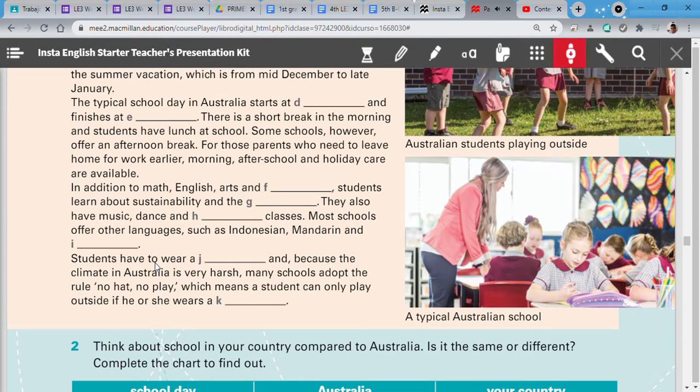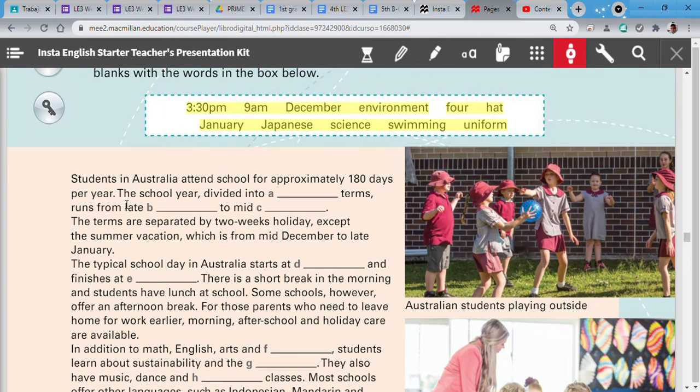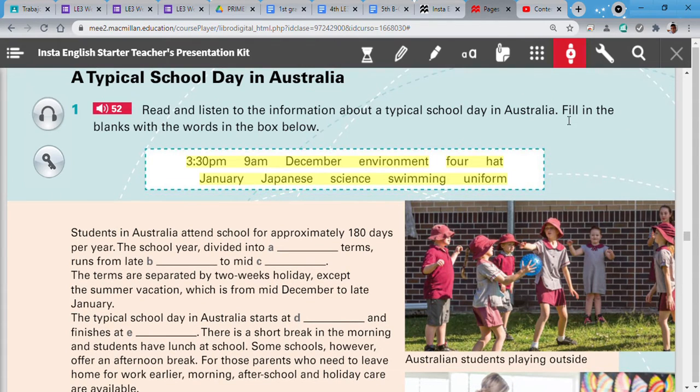Well, this has been our audio about this article. So remember, the activity is to complete, to fill in the blanks. That is the activity.